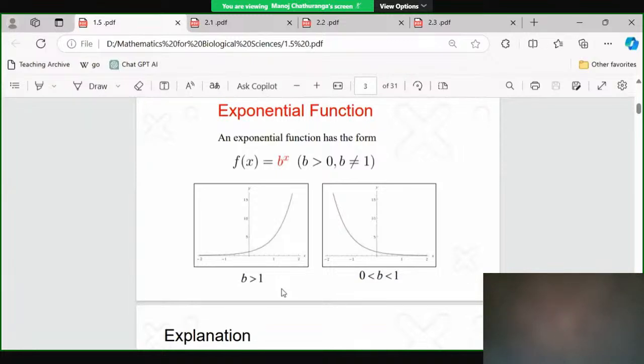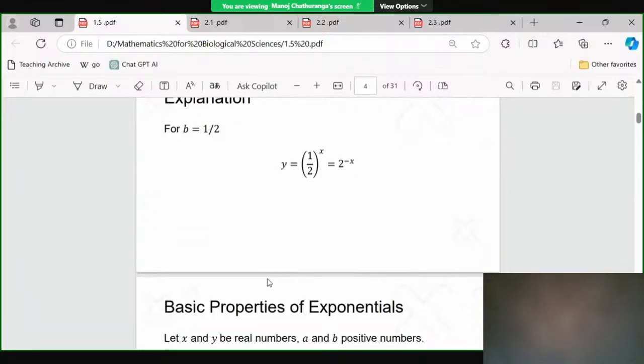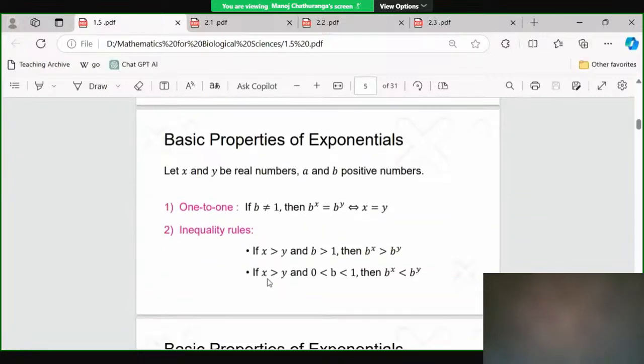Because negative b values and 0 and 1 are not possible, not interesting, or problematic in some cases. But for other cases, it is enough to know about b bigger than 1. So, basic properties.